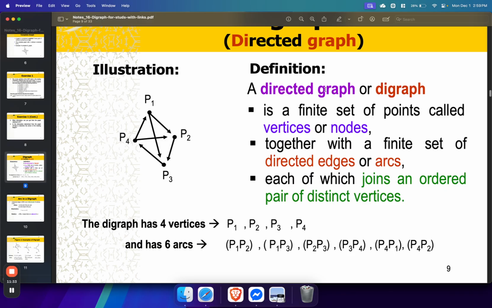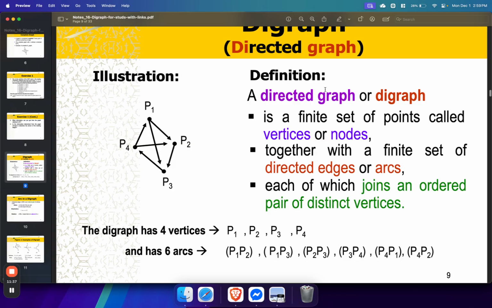So a directed graph or a digraph is similar to the regular graph. It is still a finite set of points called vertices or nodes, and they also have a finite set of directed edges or arcs. So the key word here is directed, meaning it has a direction, or in our visualization, it essentially means there's an arrow.